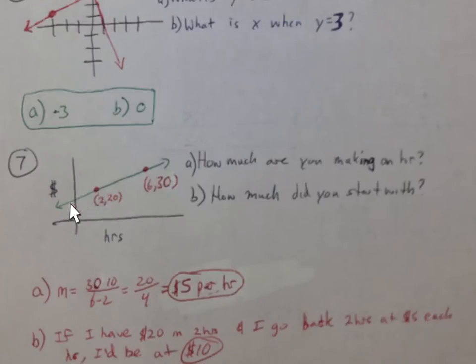So I'm going 2 steps back to figure out how much I started with. That kind of is a little bit tricky, but you're using your slope to work its way back. For instance, what if I wanted at 8 hours? Well, I'd add 5 once and one more time, so that'd be 10 bigger, so that'd be 40. You just kind of got to use the rate of change to help you figure it out.